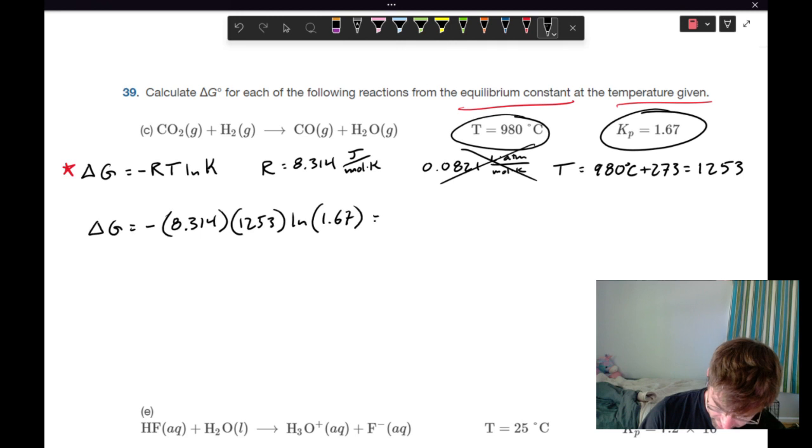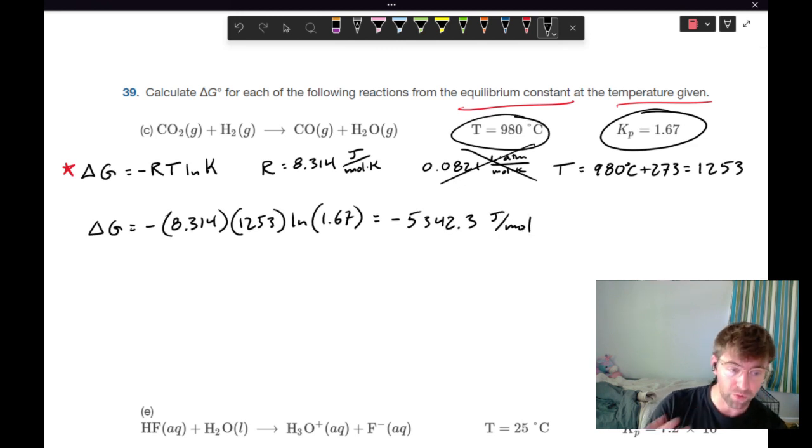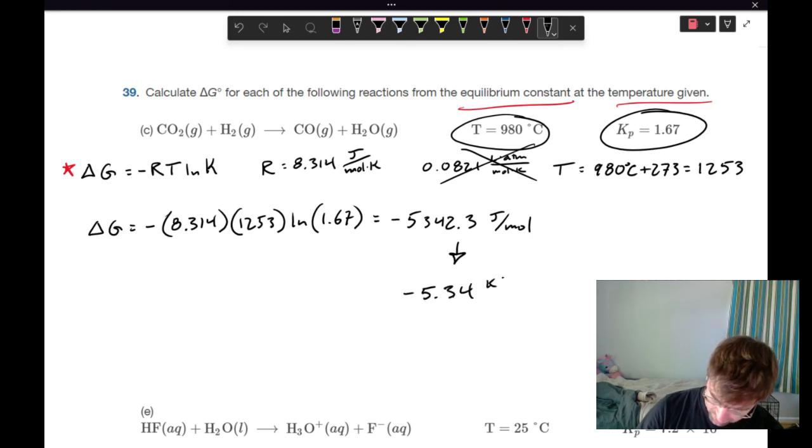And plugging this into our calculator, we should get negative 5,342.3 joules per mole, where some units cancel out here. And we're going to simplify this to negative 5.34 kilojoules per mole.